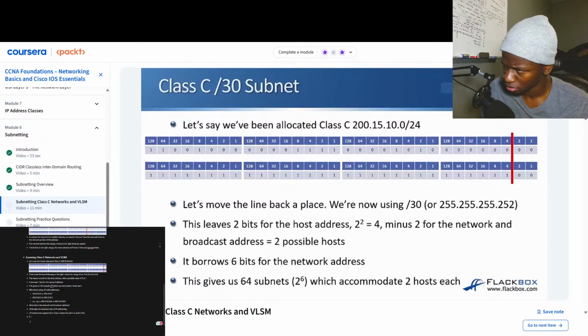That gives us 2 possible hosts. It borrows 6 bits for the network address. If we count this up, 2, 4, 8, 16, 32, 64 is our 64 subnets, which can accommodate 2 hosts each.